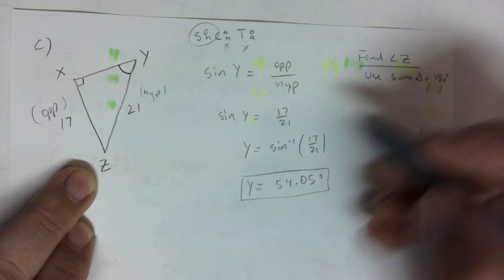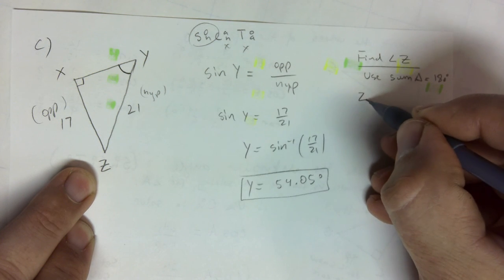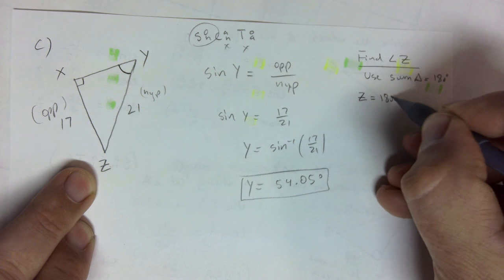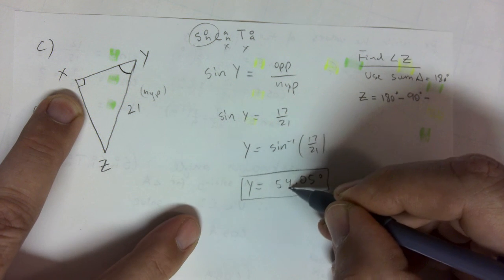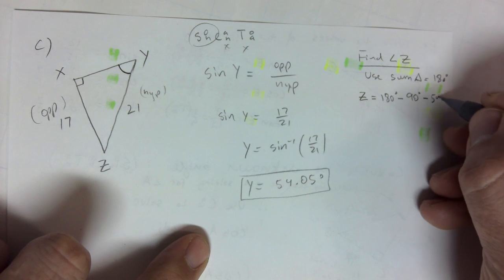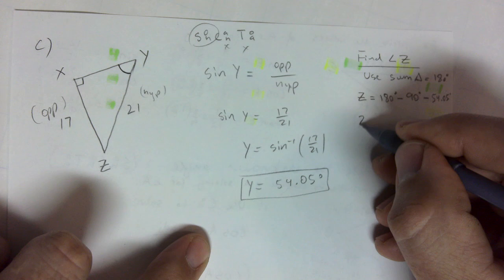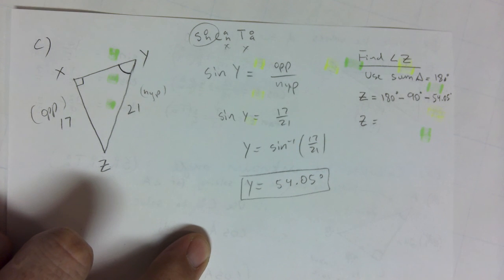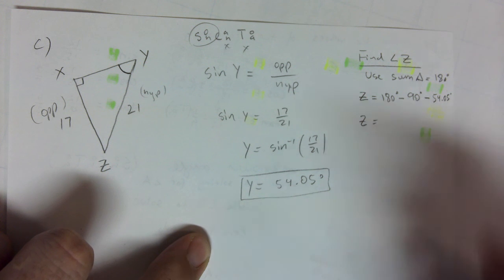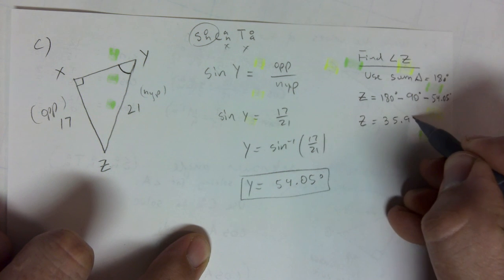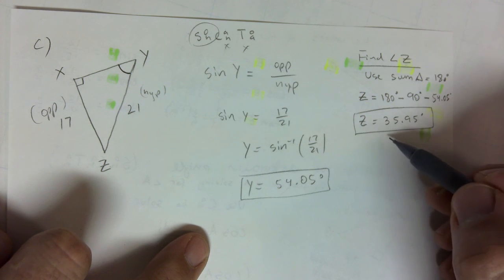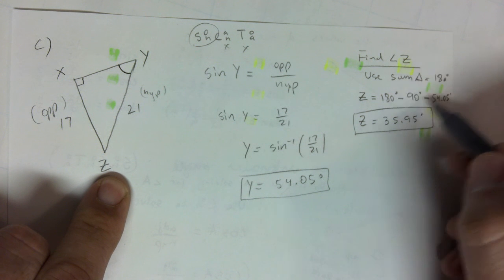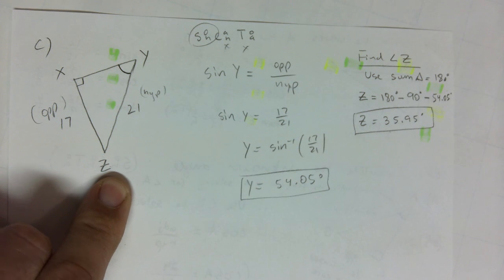Because we know that Z is going to be 180 degrees minus the 90 you already have, minus the 54.05 that you already have. So it's basically 90 minus 54.05. I just thought I'd throw it in there. So you found Z just like that, just by using this property.